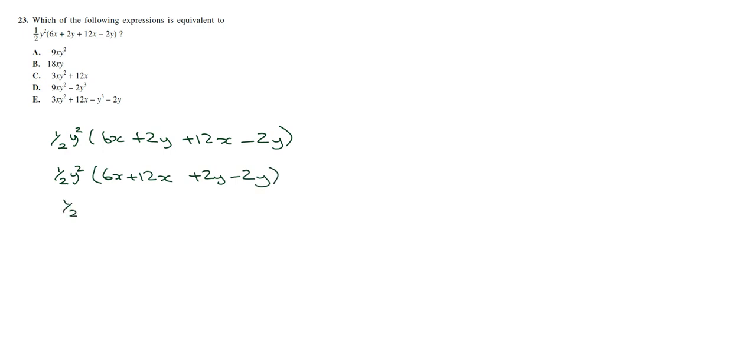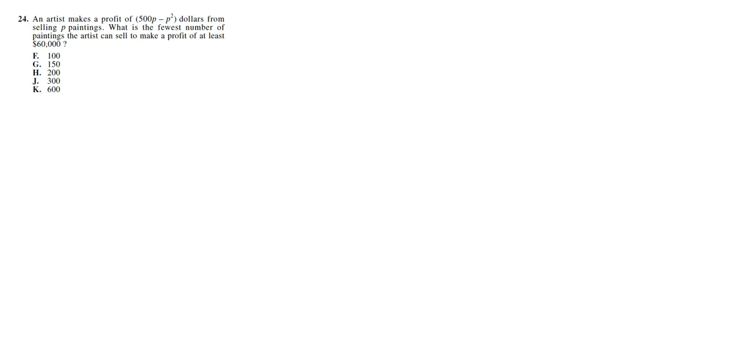So we have 1/2 y squared times 18x, because 2y minus 2y cancels out. Now 1/2 of 18 is 9, so 9x y squared. That's A.